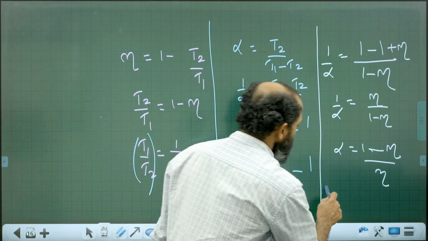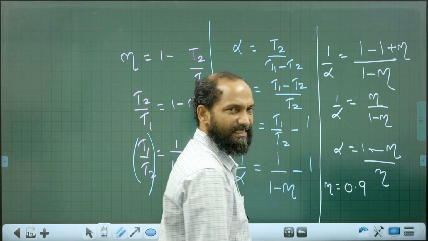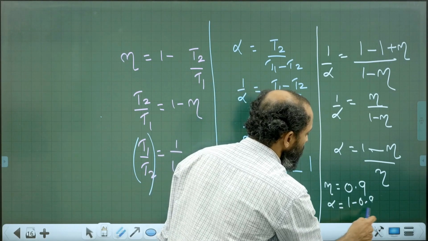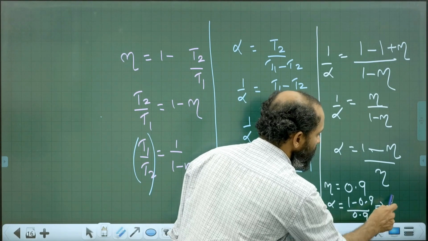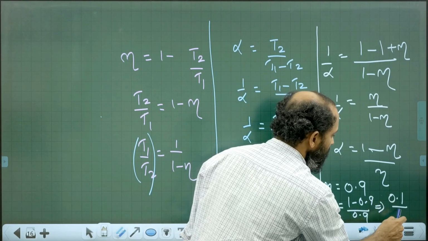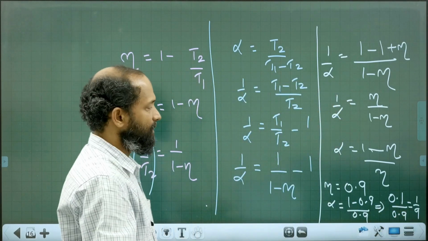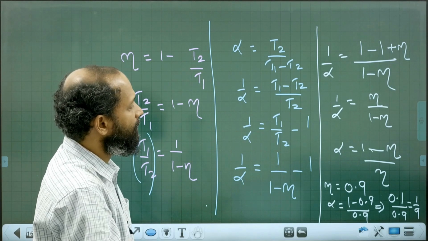For example, if eta is equal to 0.9, eta less than 1, alpha is equal to 1 minus 0.9 divided by 0.9, that is 0.1 divided by 0.9, which is 1 by 9. So the performance coefficient is 1 by 9. Alpha is equal to 1 minus eta divided by eta.